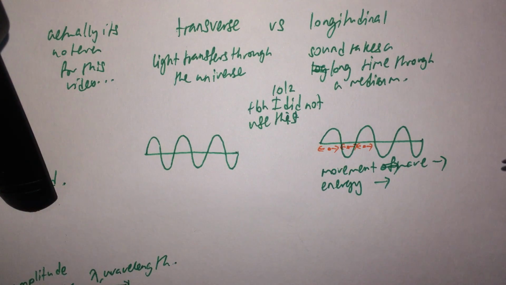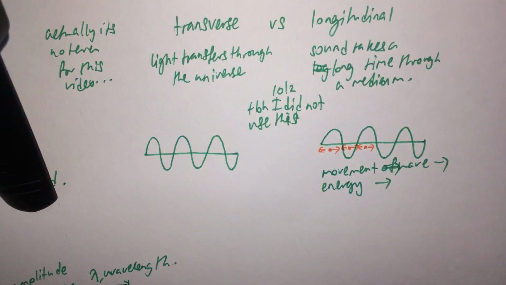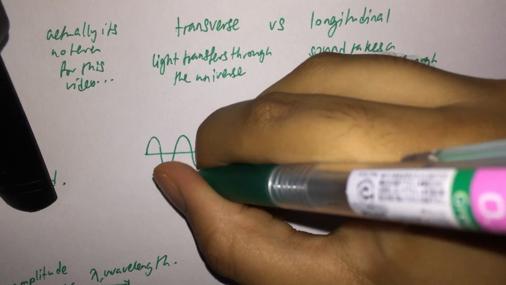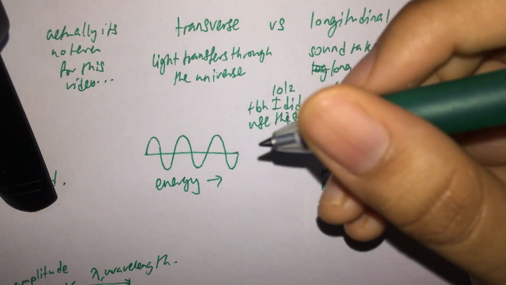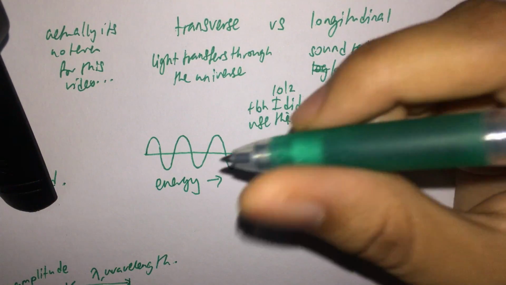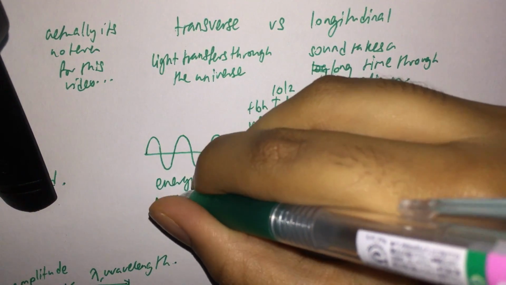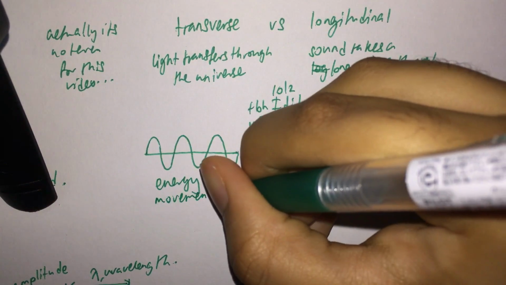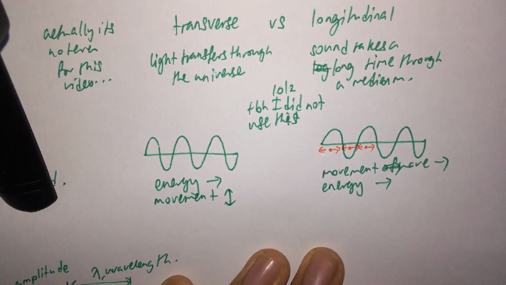The air particles are actually moving within the axis, they're not moving up and down. And the energy itself isn't moving up and down, it's moving parallel to the axis. And therefore light can move in many different planes as long as the plane is perpendicular to the axis itself. And that's why you can do something called polarization with transverse waves.